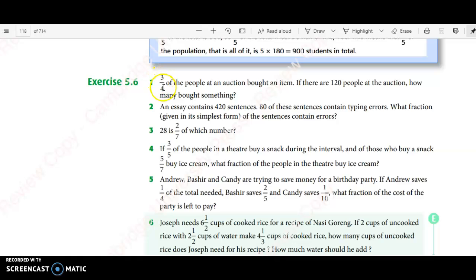For example, 3 out of 4 of the people at the auction bought an item. If there were 120 people at the auction, how many bought something?